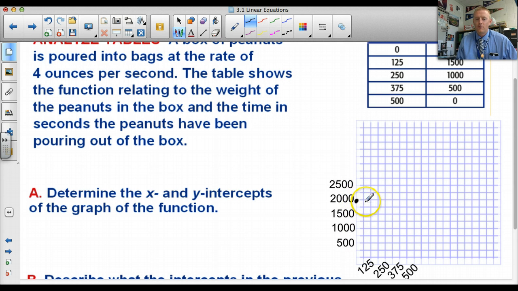At 125 seconds, which is right here, we have 1,500. At 250 seconds, we're at 1,000. At 375, we're at 500. So that's down below here. And at 500, we're at 0.